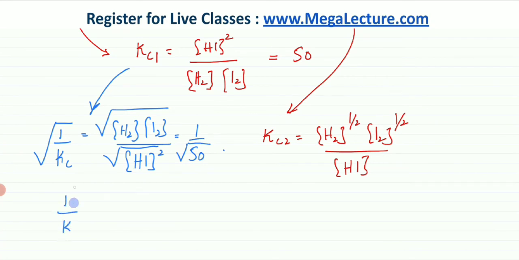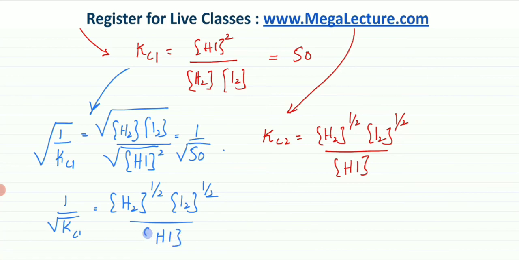So 1 over Kc1 under root is basically H2 concentration to the power half, and I2 concentration to the power half as well. And the bottom, HI squared under root, is going to be HI concentration only. So it's going to be 1 over 50 under root. And this expression is now exactly equal to this expression.